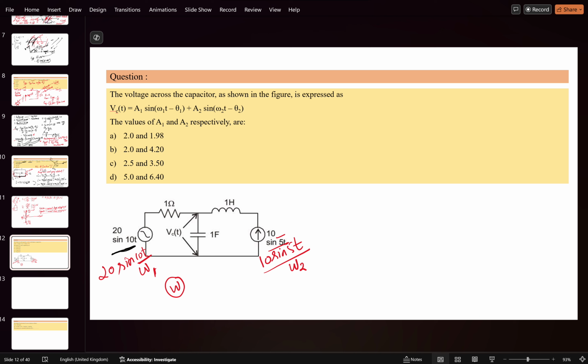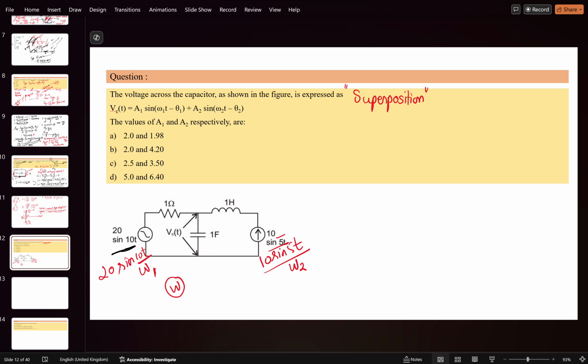You cannot directly solve this problem by applying KVL or KCL. For this kind of problem there is a theorem called the superposition theorem, which is not needed here, but I wanted to show you the circuit that arises when the frequencies are not the same.